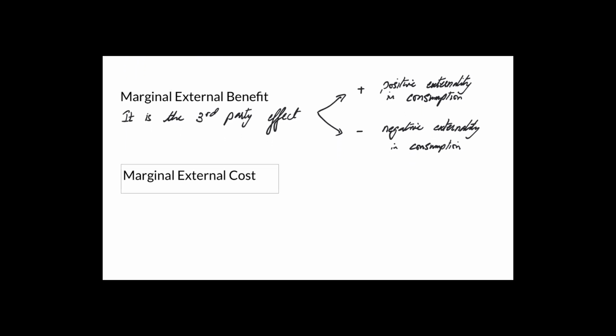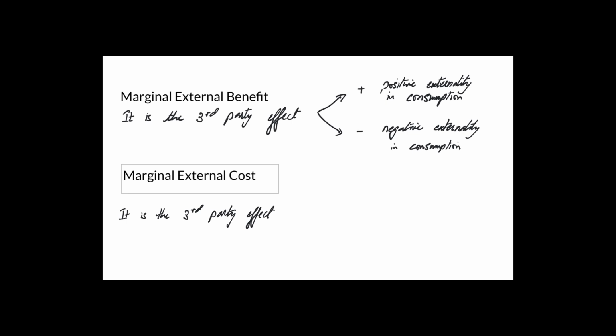Similarly, you have marginal external cost. Now again, since it's external, it is the third party effect. Now this effect can be beneficial.